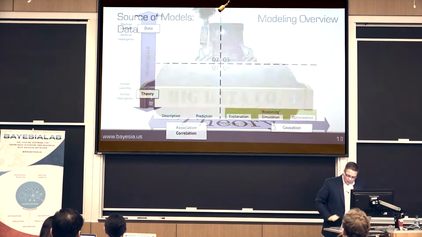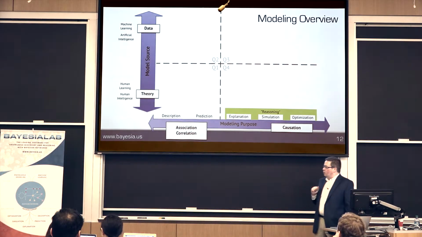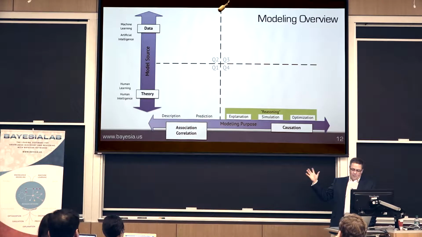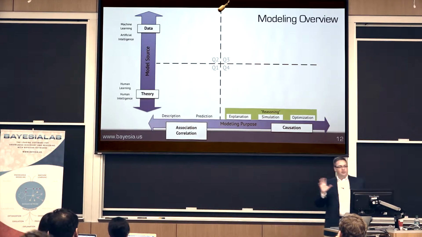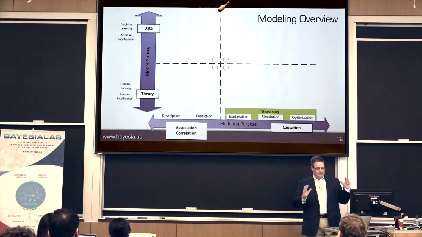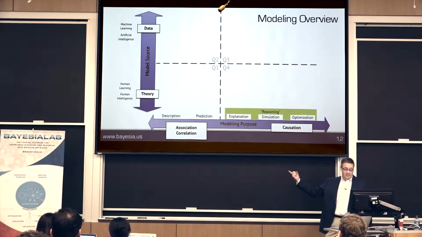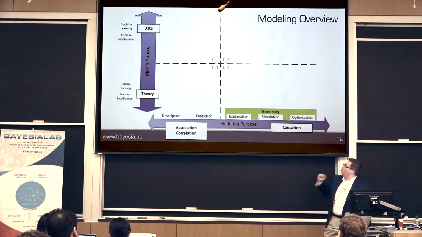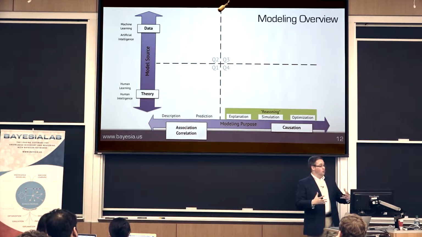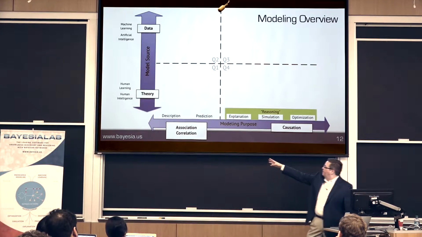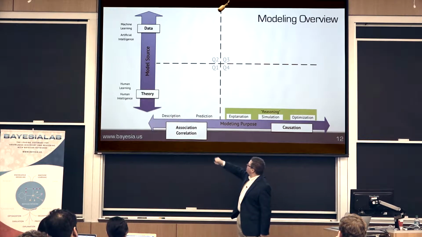Anyway, let's go to this representation here, to this graph. What I've now done is put together both the modeling purpose, the modeling objective, shown on the x-axis, and on the y-axis the model source, where models come from, how we develop them. On the left-hand side of the x-axis we have association and correlation, which relates to description and prediction.